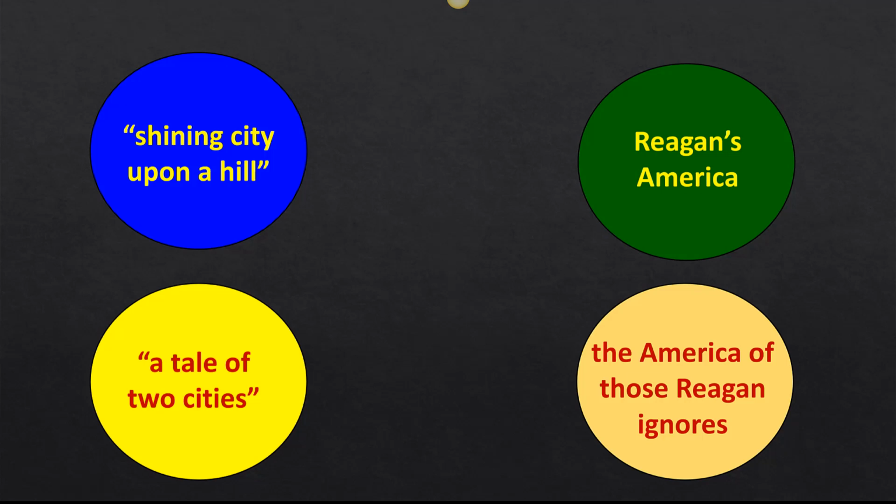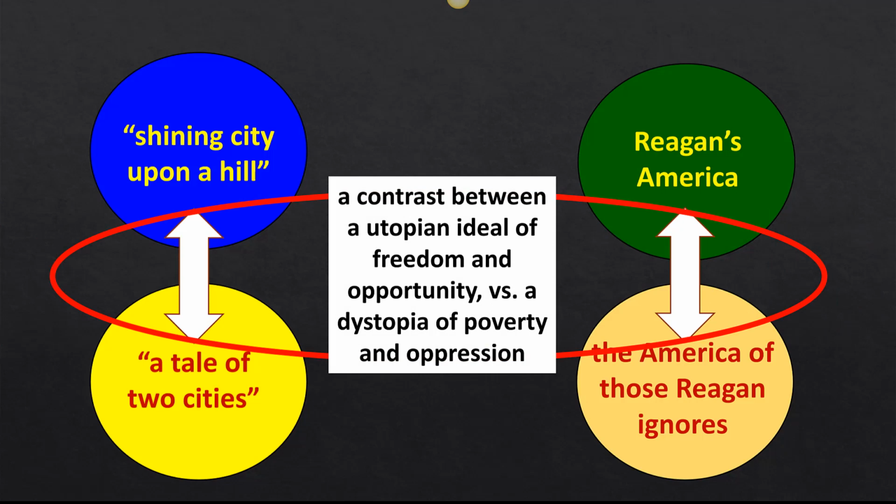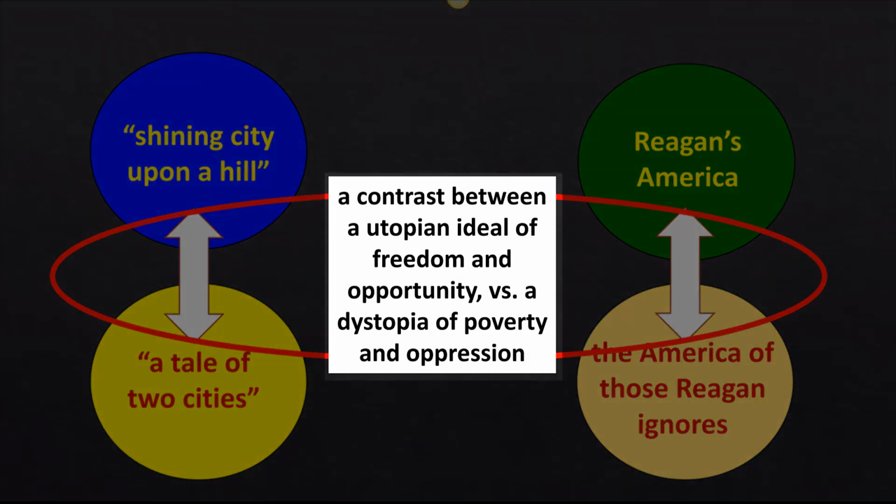And so what's being compared is the relationship between, on the one hand, the shining city upon a hill and a tale of two cities, and on the other hand, Reagan's America and the other America he ignores. And that relationship can be characterized this way, according to Cuomo. There's a contrast between a utopian ideal of freedom and opportunity versus what the real situation is, according to Cuomo, a dystopia of poverty and oppression.